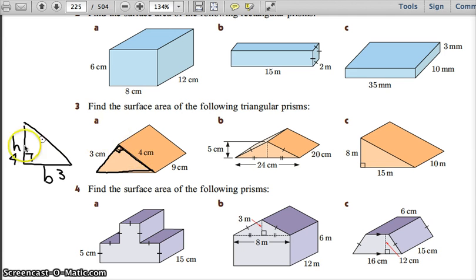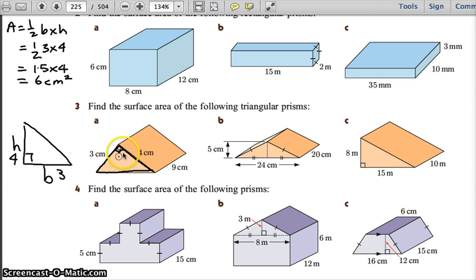Area equals half b times h, equals half 3 times 4, equals 1.5 times 4, equals 6 centimetres squared. As you'll acknowledge, you've got 1 here and you've got 1 there, so 12 centimetres squared. Again, stop me if I'm going too fast for you, okay?